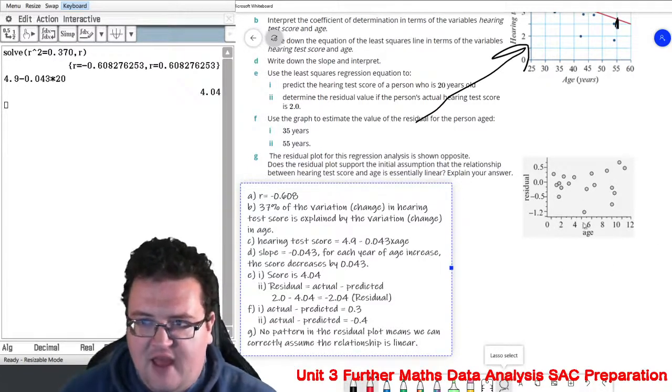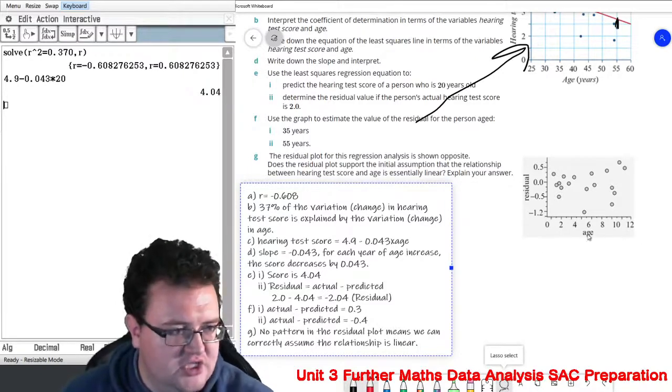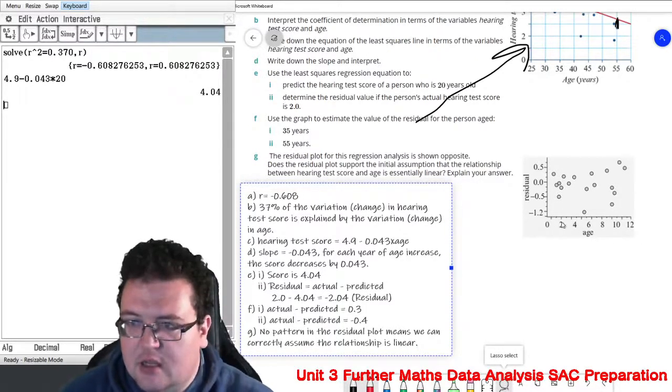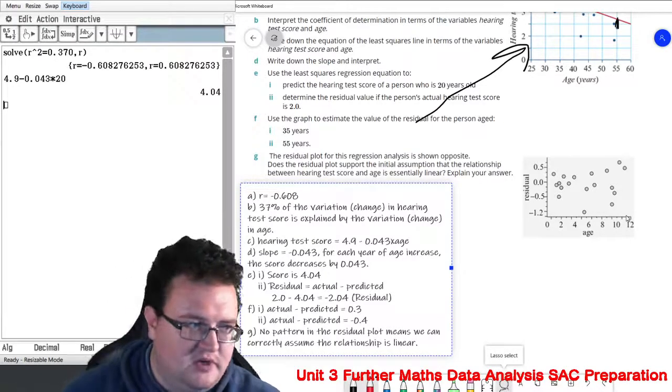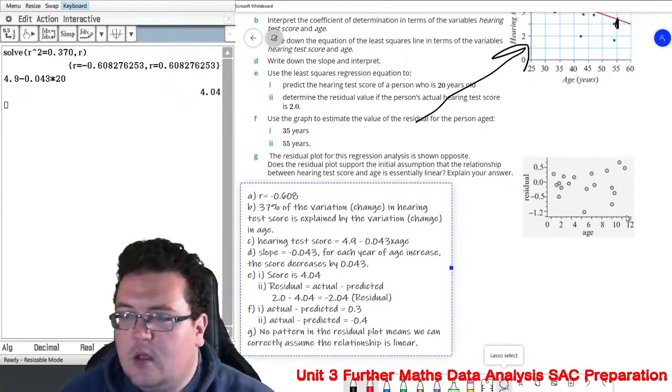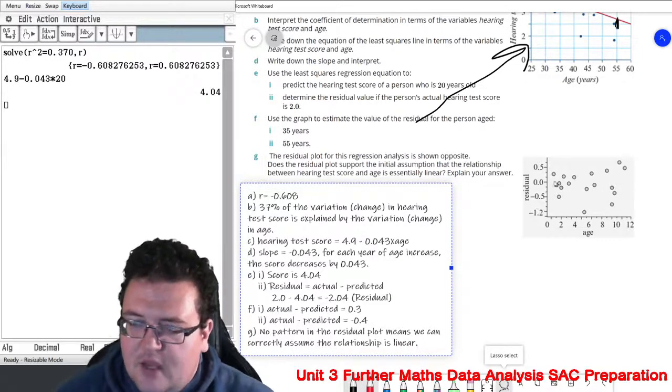I don't know why their X values and their Y values are different. That's probably because the old version of the text had different values here. But even if we ignore the fact that these numbers are different, because again, this is a textbook question, this is one made by me. If we look at the values that we've got here, there is no pattern.